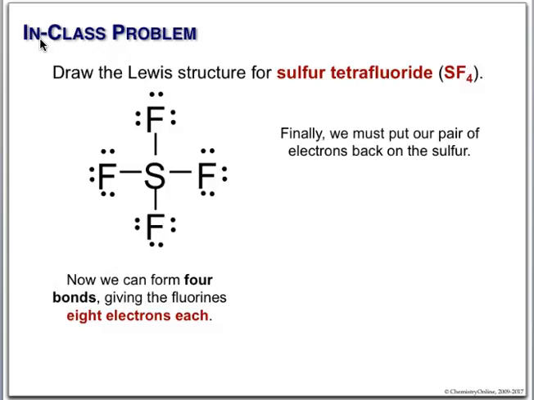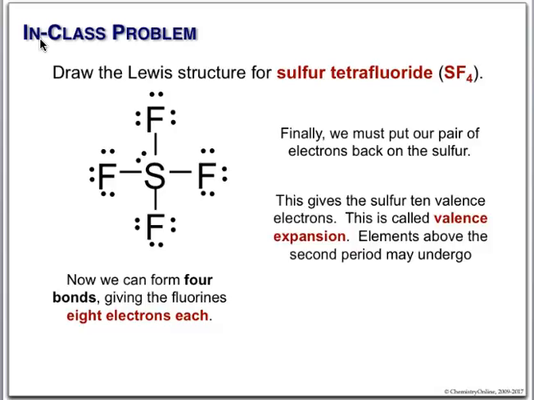But we can't forget that in the next room, we have these 2 electrons that we have to put back. Where do they go? Well, they must go back on the sulfur. So all the fluorines have 8, but our sulfur now has 10.